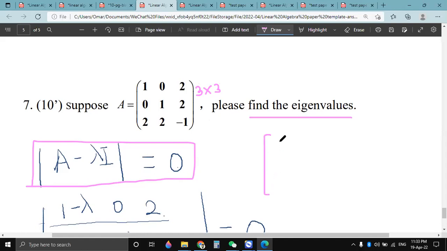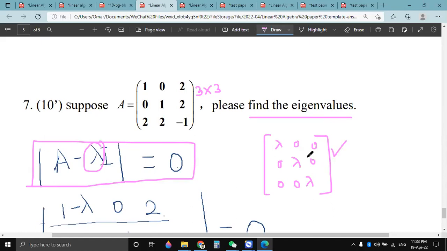We write lambda on the main diagonal, and all the other entries will be 0, okay? I mean, there was the identity matrix, and you just multiply lambda with that identity matrix. So you get this one.